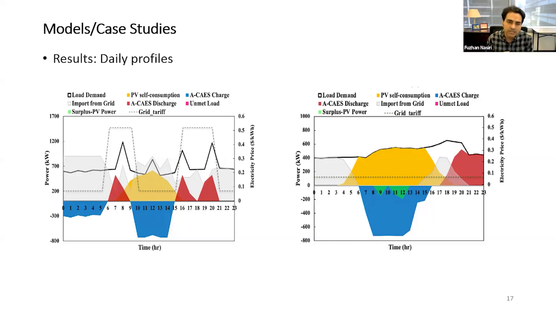So the profile is predicted through data analytics. We're looking into the historical trends of the building, and then based on that, using some machine learning approaches, we build up a demand profile for specific days during the year.